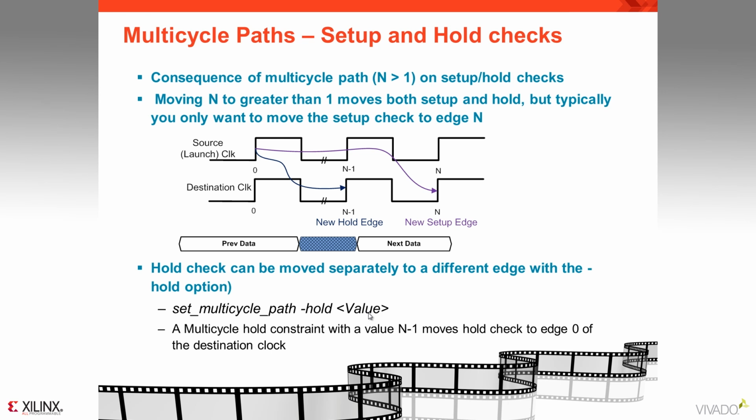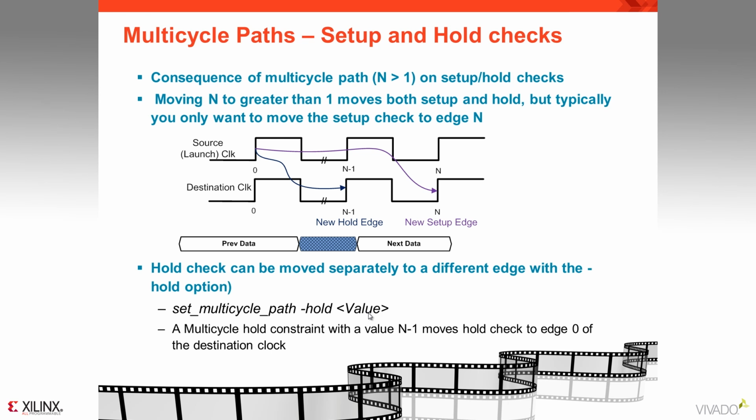The additional buffers added to the design are unnecessary. The utilization increases and hence power, area, etc. also increase. Typically, you'll only want to move the setup edge to the nth of the capture or destination clock. The hold check needs to be at edge 0 of the capture or destination clock.